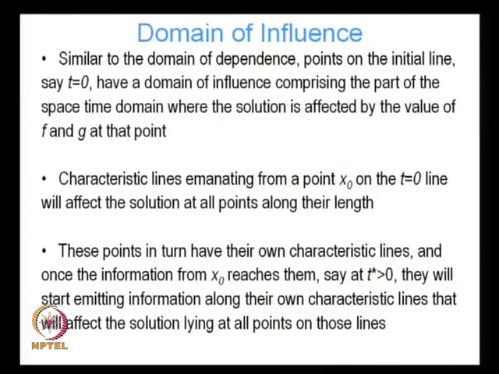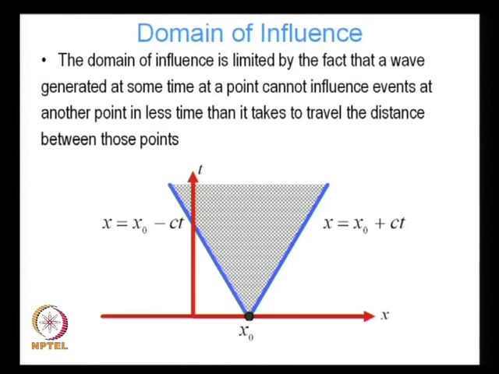Similar to the domain of dependence, points on the initial line, say t equal to 0, have a domain of influence comprising the part of the space-time domain where the solution is affected by the value of f and g at that point, f and g being my initial functions. Characteristic lines emanating from a point x0 on the t equal to 0 line will affect the solution at all points along their length, that we already know.